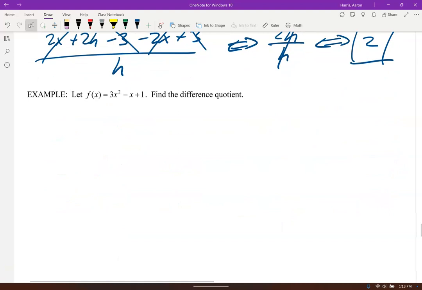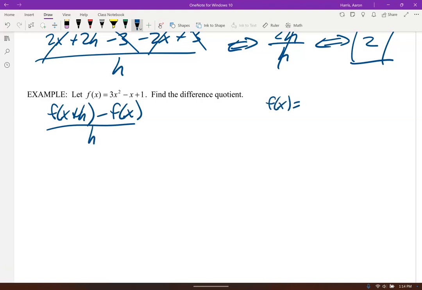Let's do it for this one. A little bit more complicated for this one. Here's my difference quotient, f of x plus h minus f of x all over x plus h minus x, which is just an h. Let me go to the side. Here's my f of x.